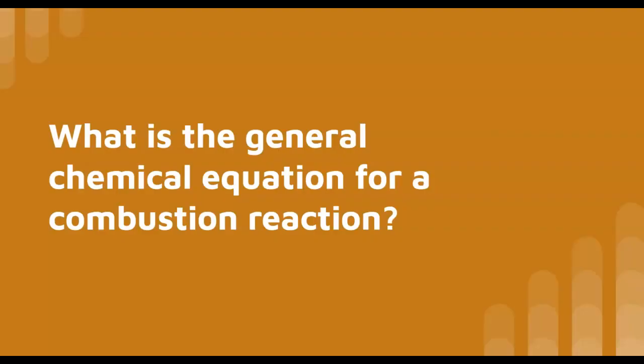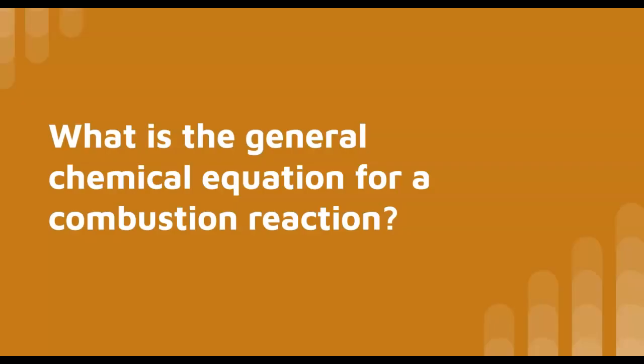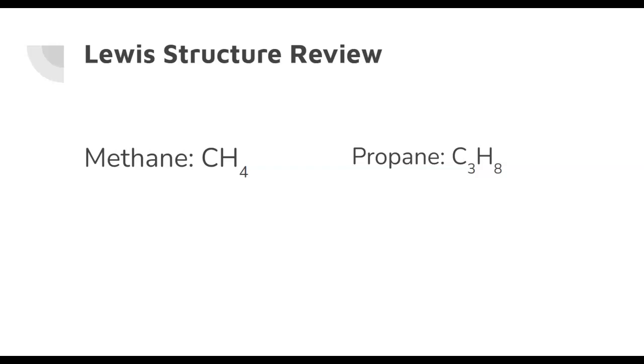So what I'd like you to do is just refresh your memory. What is the general chemical equation for combustion reactions? Okay, so hopefully you remember that it is some type of fuel that is combining with oxygen to burn and produce carbon dioxide and water. And some of those fuels you may have heard before is methane.